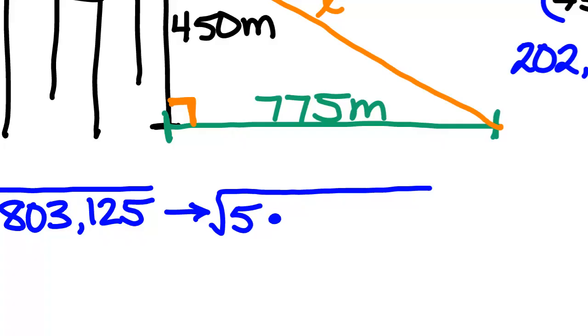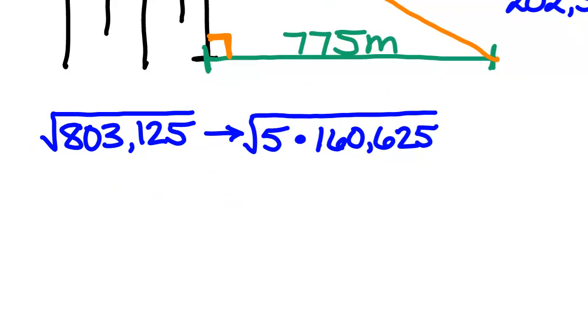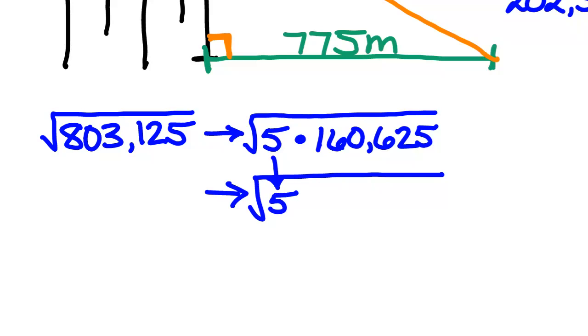So I'd have 5 times 160,625. Could 5 go into that? All right. So square root of, I'm going to bring this 5 straight down. But then this 160,625, I'm going to break that up into 5 times what?